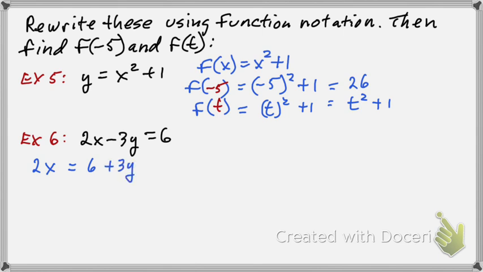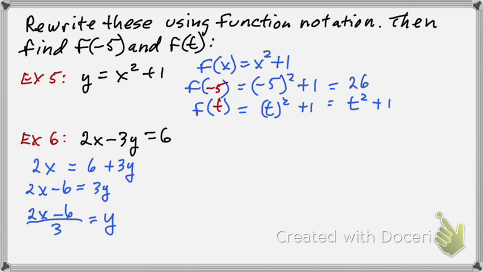I want to isolate the y. So then I'm going to subtract 6 from both sides. And then I'm going to divide by 3. Now I could mess around with that and get a slightly different form, but that's my function there.